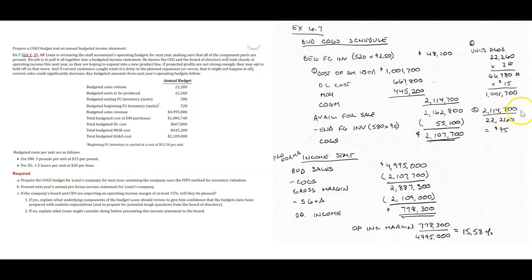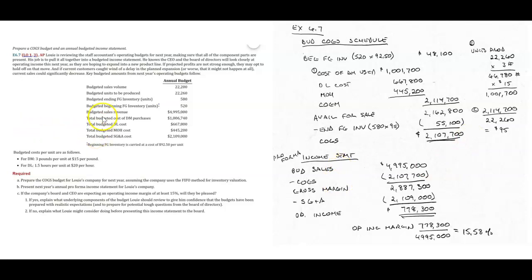That's our total cost for producing 22,260 units, so that's $95 per unit. So we're going to value our ending inventory at $95. Cost of goods sold then is $2,107,700.